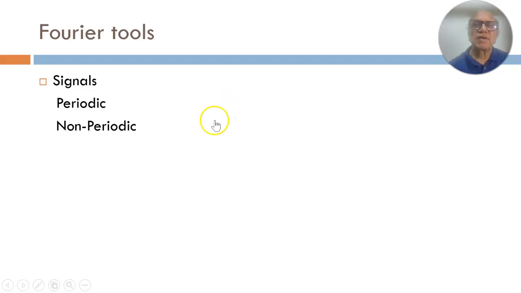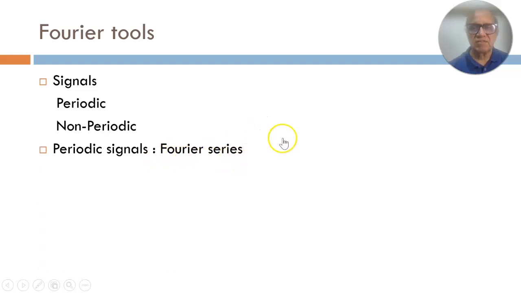But suppose you have a square wave, then for a square wave there will be a fundamental and a number of harmonic components, and you would like to calculate the amplitude and phase of these harmonic components. That is one example. You can have a triangular wave and so on. These are all examples of periodic signals, and the spectrum of these signals can be calculated by using a tool which is called Fourier series, which we shall study next.